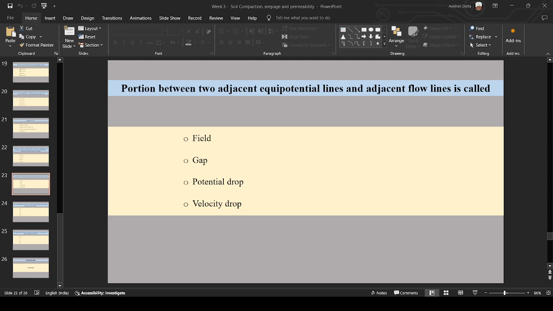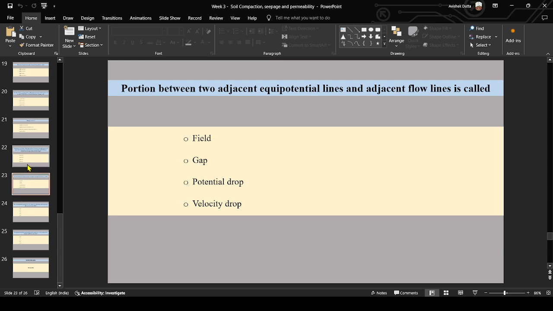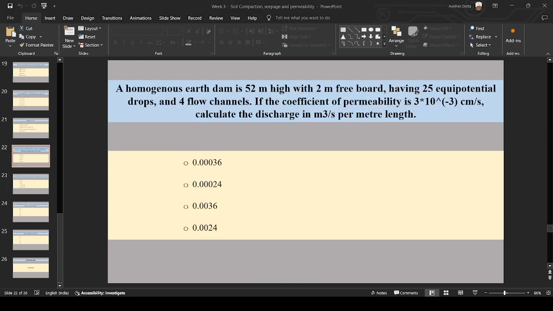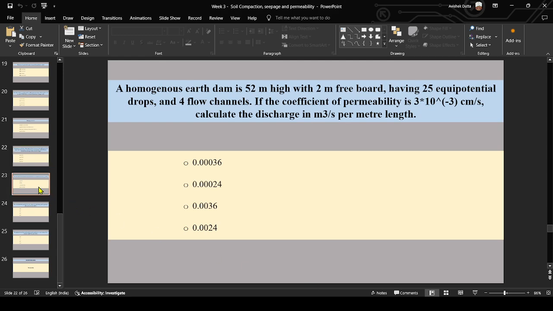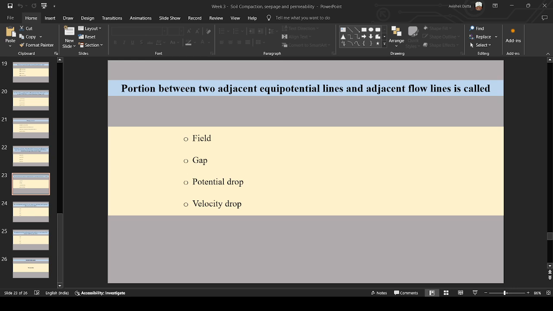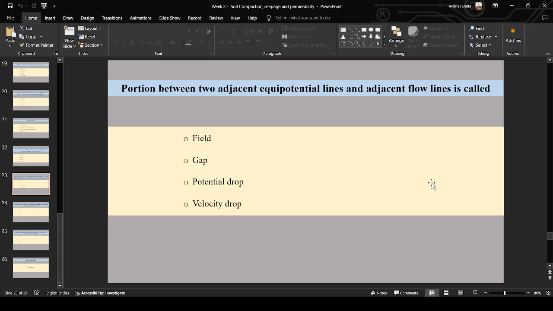The options are field or gap or potential drop or velocity drop. I'll repeat the question. Portion between two adjacent equipotential lines and adjacent flow lines is called. The options are field, gap, potential drop or velocity drop. Okay.